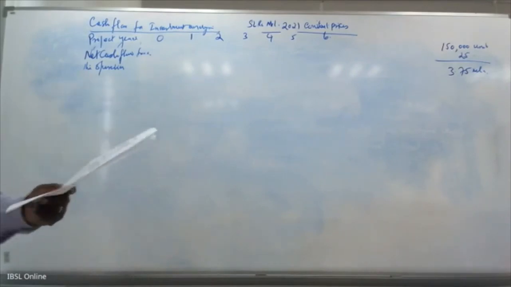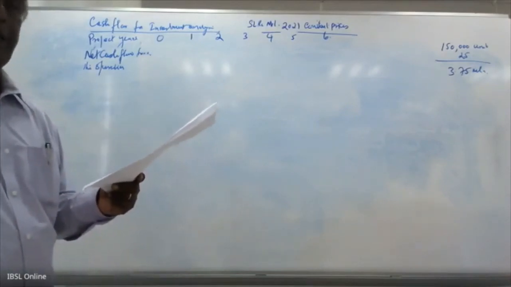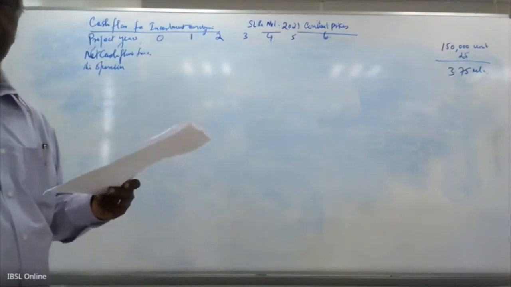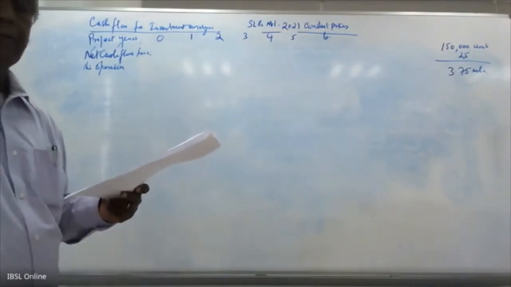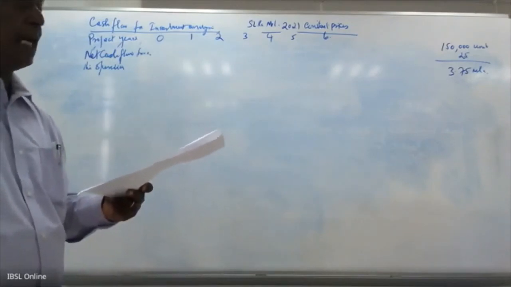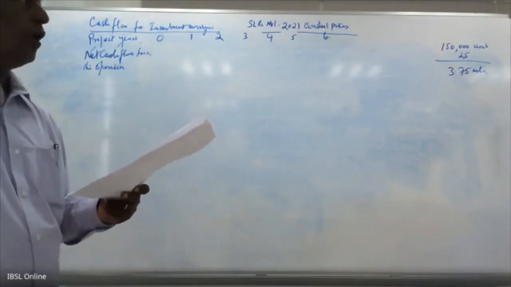That is, they want to install 2 blow molding machines, and they plan to produce 150,000 units annually, and each unit will contribute a net cash flow of 25 rupees.